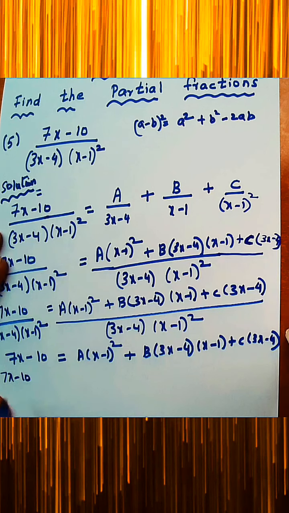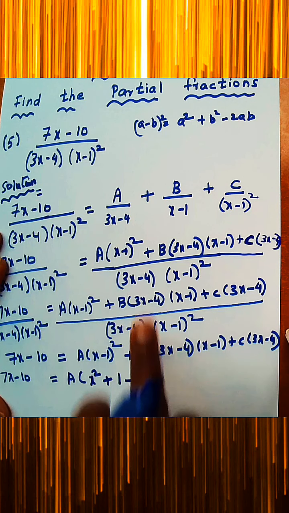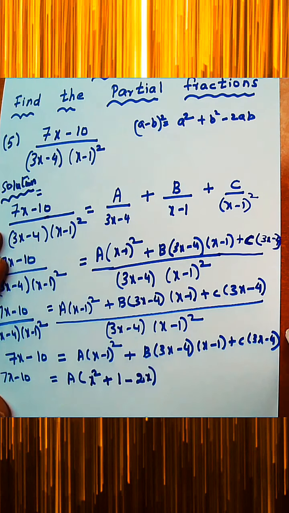So on the left hand side, 7x minus 10 is equal to a times, a square is x square, plus b square is 1 square is 1, minus 2 into x into 1, so 2x. I'm just substituting in the formula a square plus b square minus 2ab.